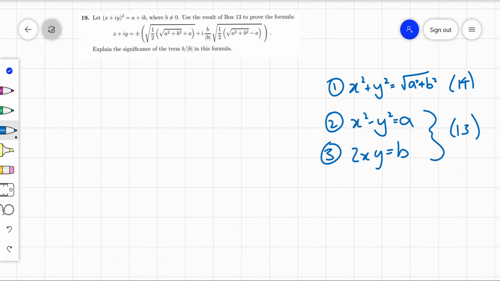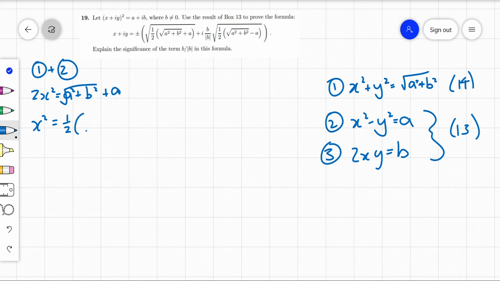Alright, so let's use 1 plus 2. If we add those together, we get 2x squared is the square root of a squared plus b squared plus a. And then if I halve it, I've got x squared is half the square root of a squared plus b squared, plus a.